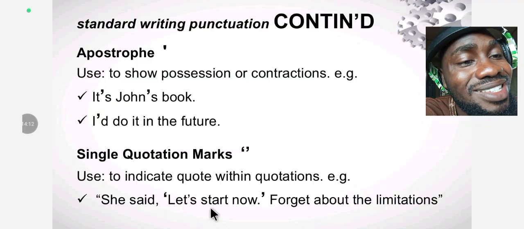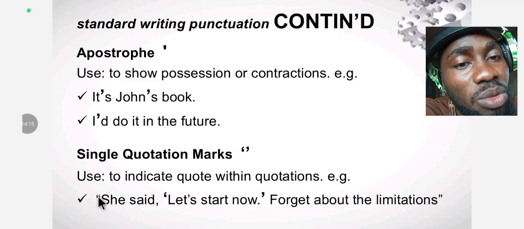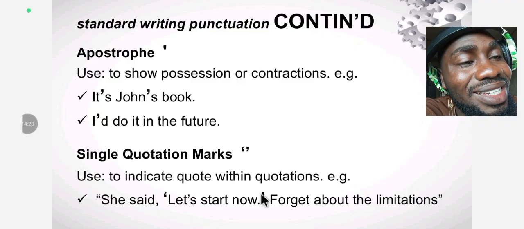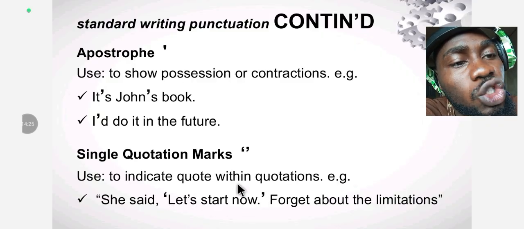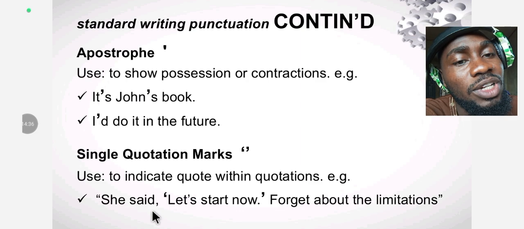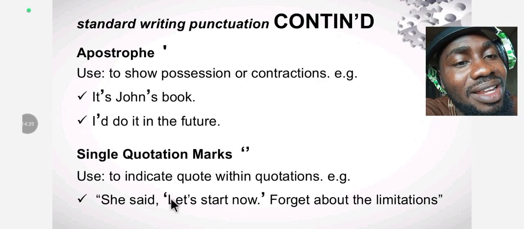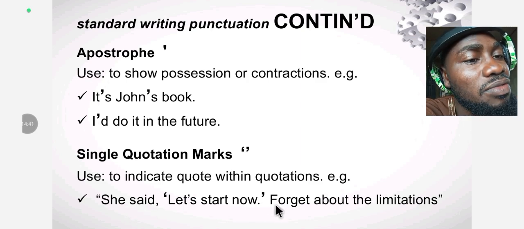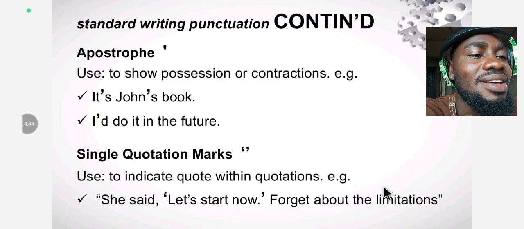From here to here is the parent quote. But 'let's start now' is the subset of quotes in the parent quote. If you want to indicate this component quote in the parent quote, you use the single quotation mark. So she said, 'Let's start now.' Forget about the limitations. Let's move on to the next.